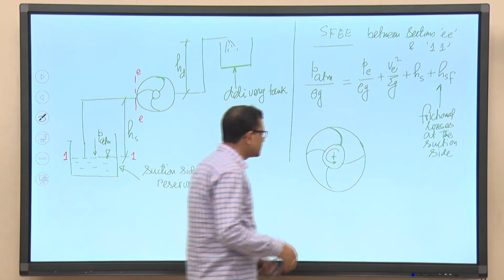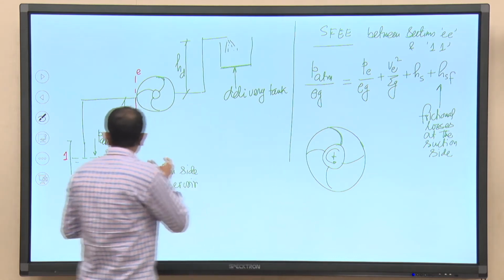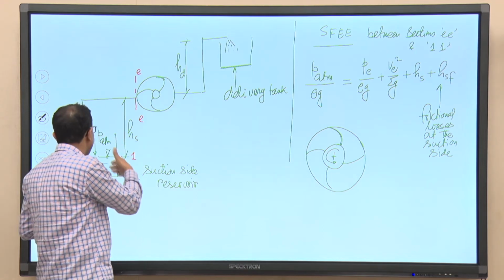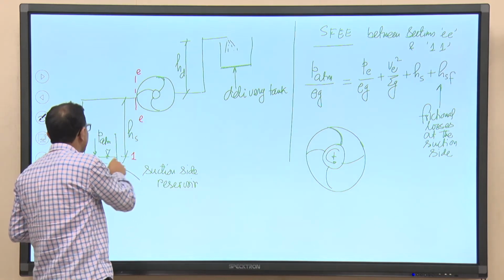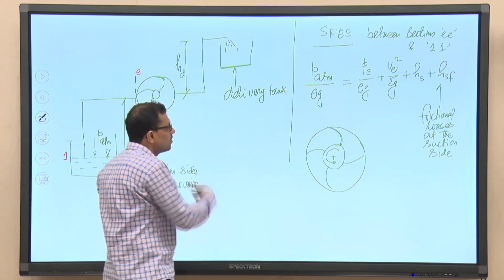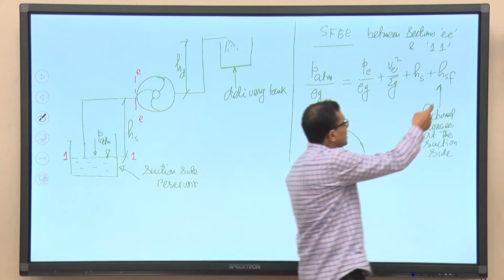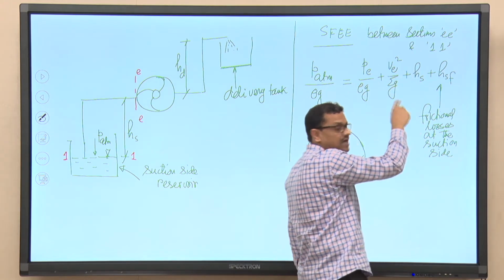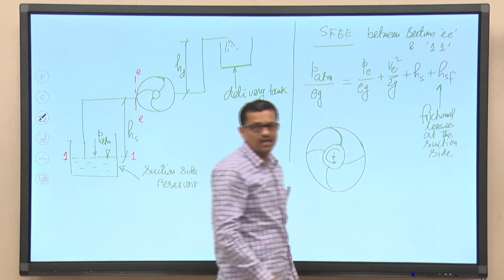But now, the question is, we have seen that only the atmospheric pressure is the driving force to have the flow occur from location 1 to location E. And in the course of flow we have seen that this pressure difference needs to overcome the static height, as well as the frictional losses.